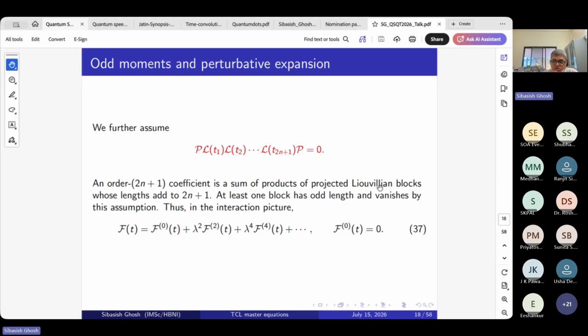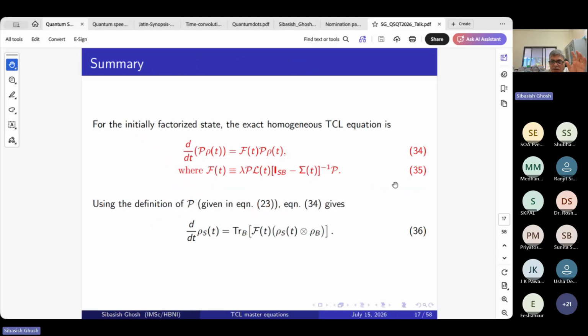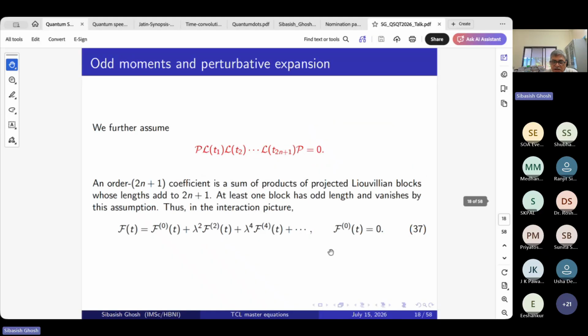So ultimately, what is the point of this assumption? Basically, what you can show is that this lambda is our perturbative factor. So you can expand this identity minus sigma t inverse as a power series in lambda, and that will give rise to this operator f of t.